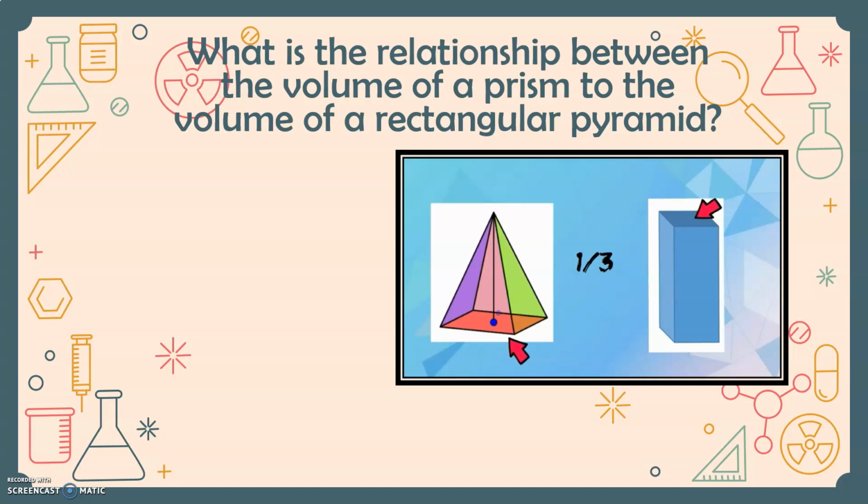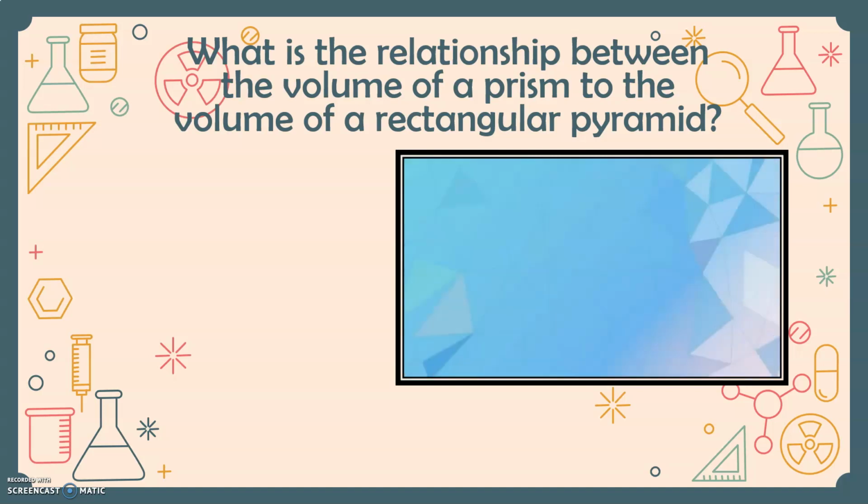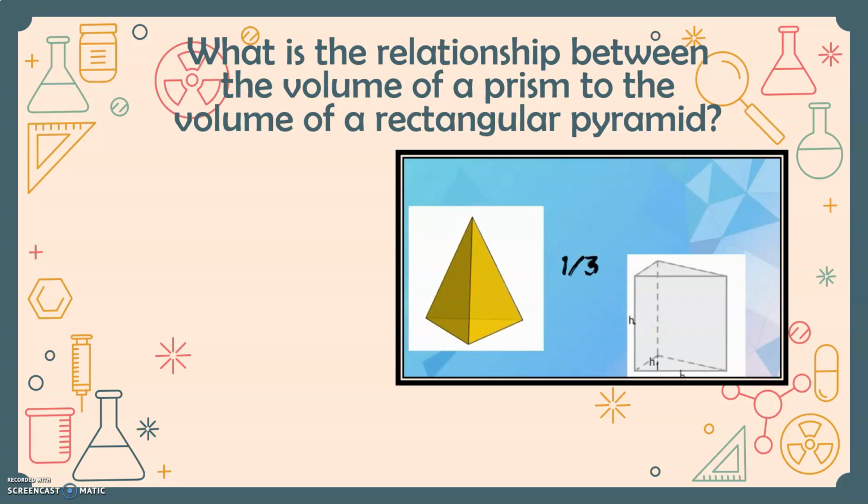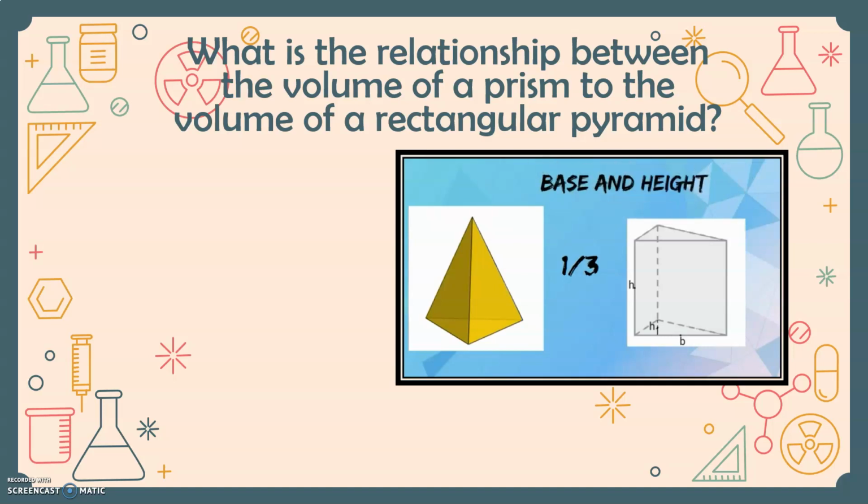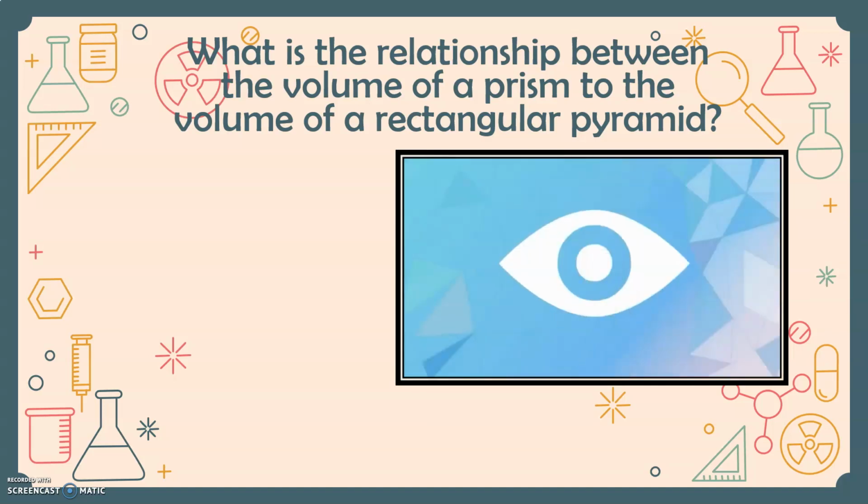For example, if you have a pyramid with a rectangular base, its volume will be 1/3 the volume of a rectangular prism with equal length, width, and height. The volume of a pyramid with a triangular base will be 1/3 the volume of a triangular prism with an equal base and height. Let's see this visually by pouring water from a pyramid into a prism.